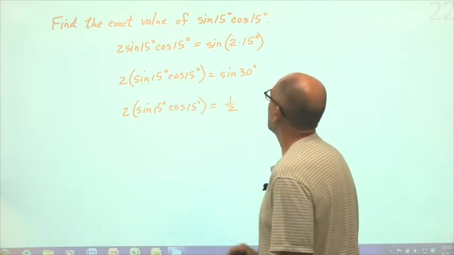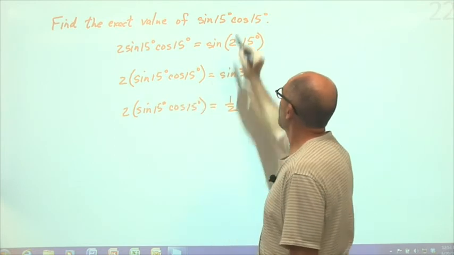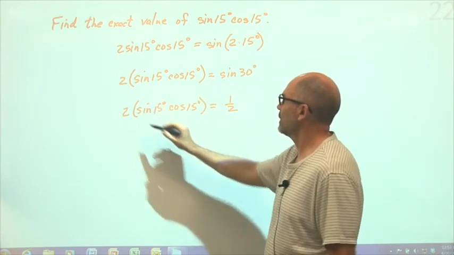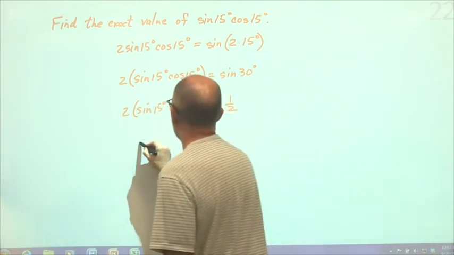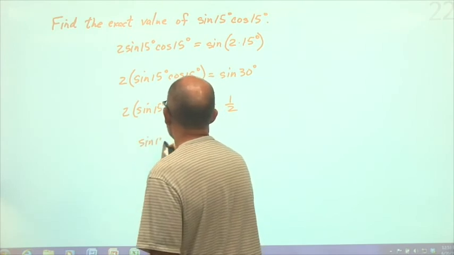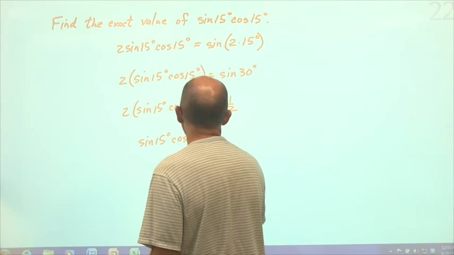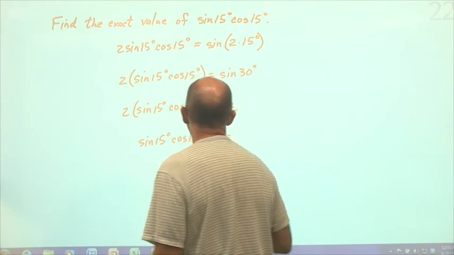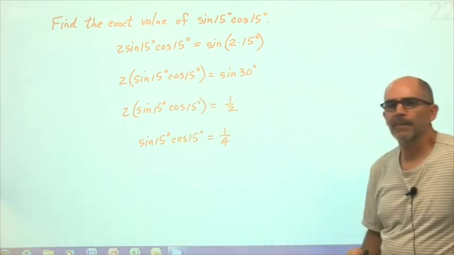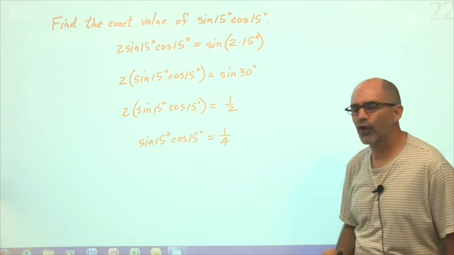So if I want to get sine 15 cosine 15 alone, all I do is divide both sides by 2, and I have sine 15 cosine 15 equals 1/4. That's it. Game over.